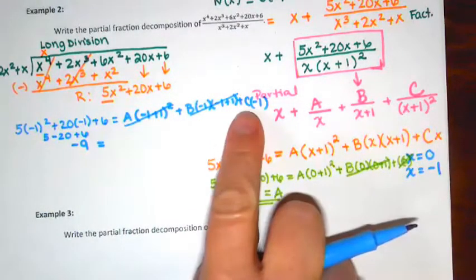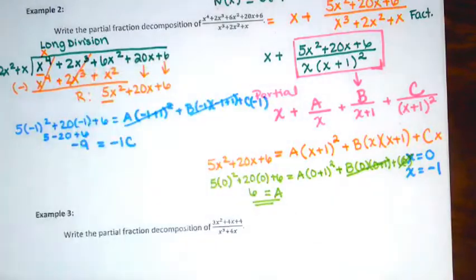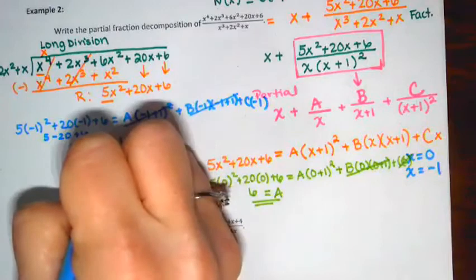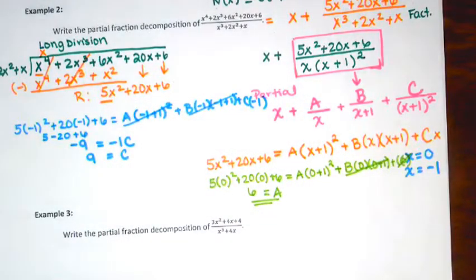And what's c times -1? Negative c. So c would equal, negative 9, positive 9.